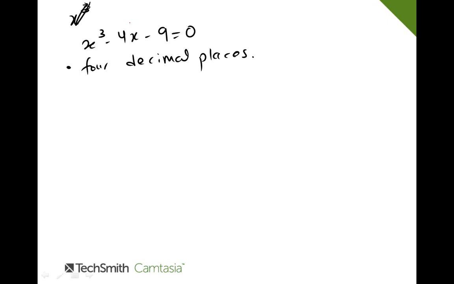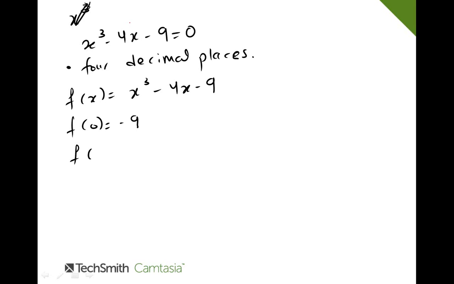Once I start, I'll suppose that f of x equals x cubed minus 4x minus 9. So I'll start with f of 0. Once I'm saying f of 0, that means I'm going to replace x with zeros and see what the answer will be. It will be negative 9.